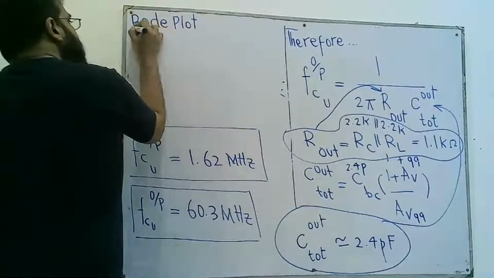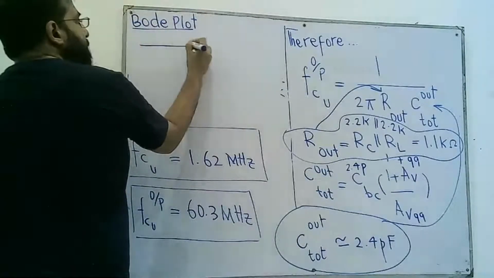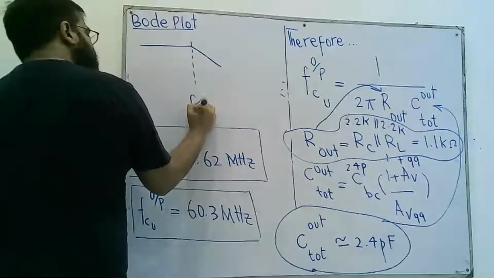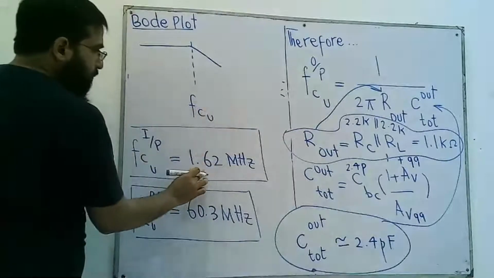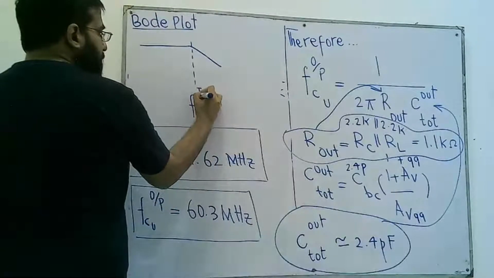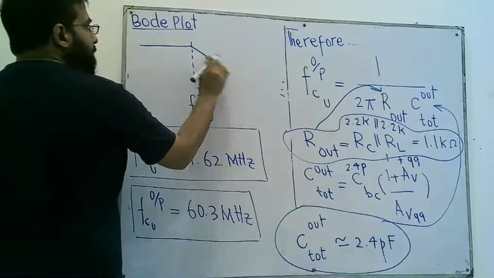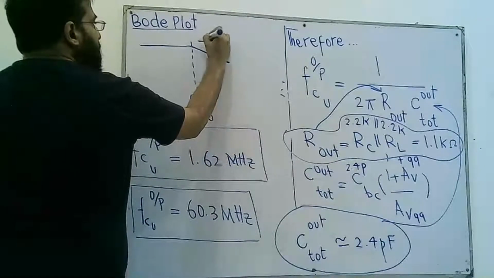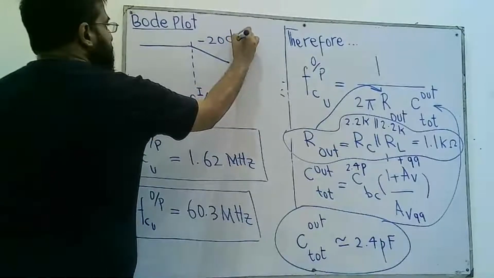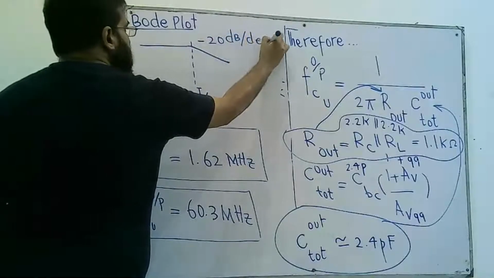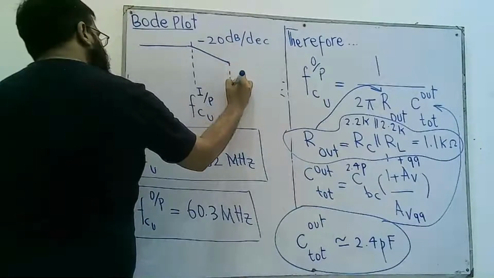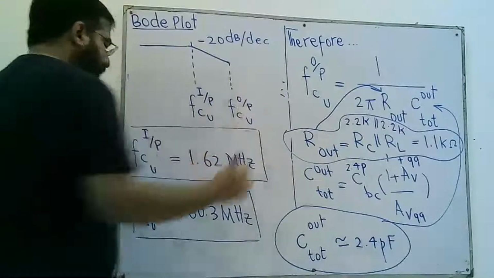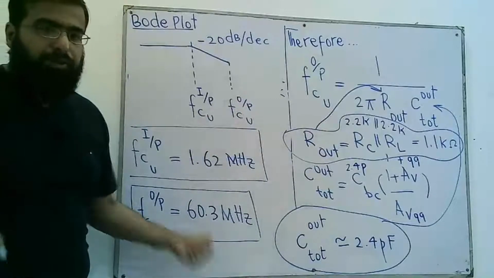So if we draw the Bode plot, this is the mid-band gain. We get the first cutoff frequency here, that is the smaller one, FCU due to input. So gain starts to roll off at this frequency, beyond this frequency, at minus 20 dBs per decade, until we get FCU due to the output RC network, which is larger.